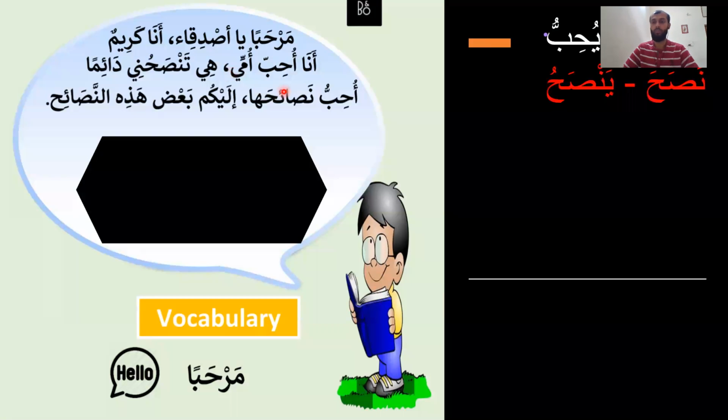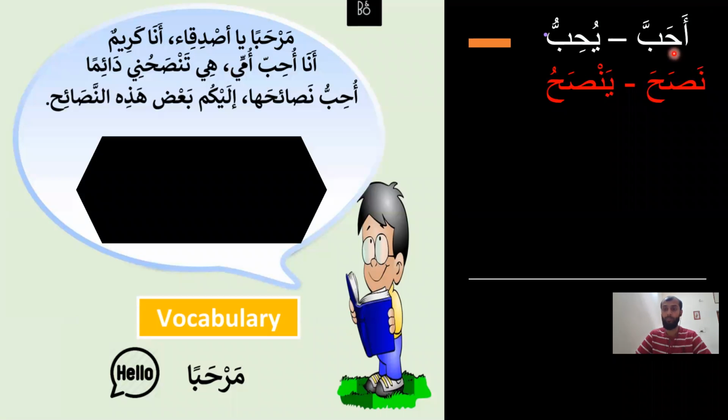In terms of verbs, we have ahabba. Ahabba means he liked, that is past tense. Ahabba is like dahaba, like dakhala, like akala. Ahabba is past tense. It's the basic form. Ahabba means he liked. He likes would be yuhibbu.